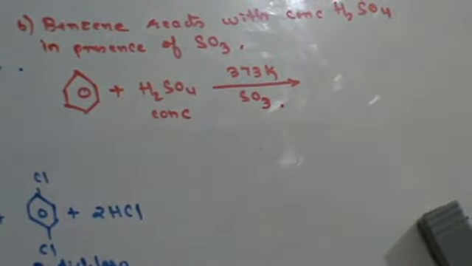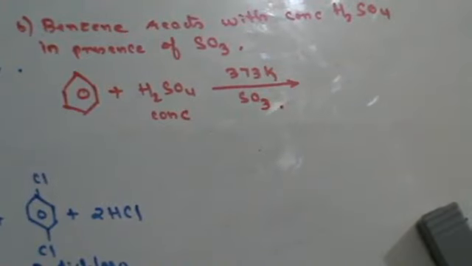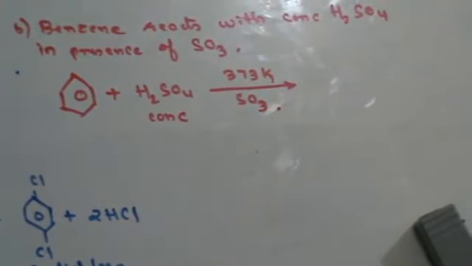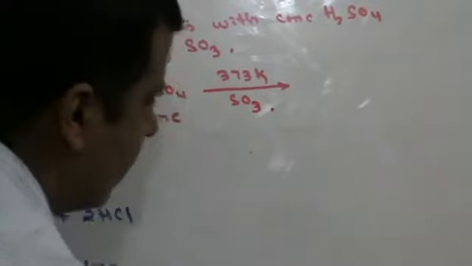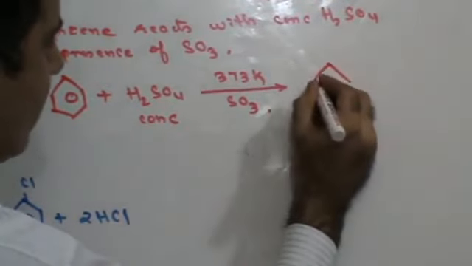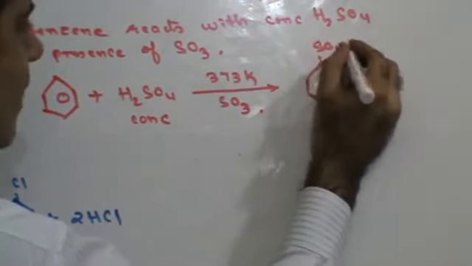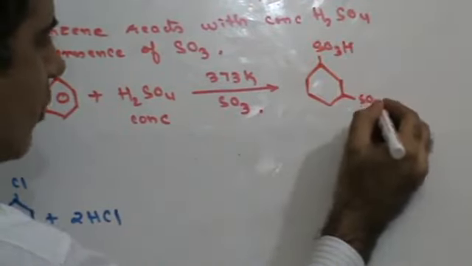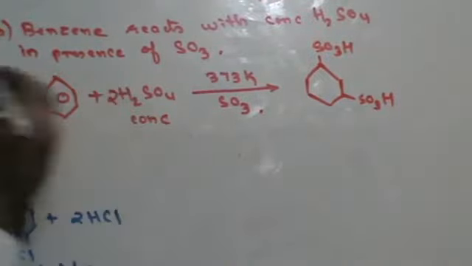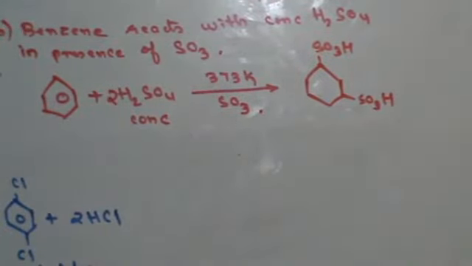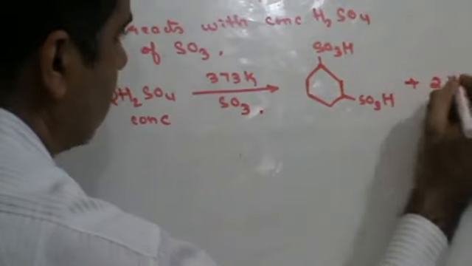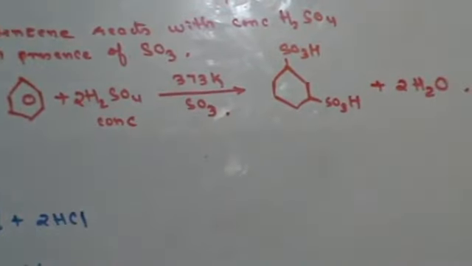Now, due to the presence of catalyst, instead of one sulfate group coming out, you would have two sulfate groups coming out. So in which case, you will have benzene, SO3H and SO3H. Two sulfate groups means I need two sulfuric acid. Therefore, two water molecules will be formed.